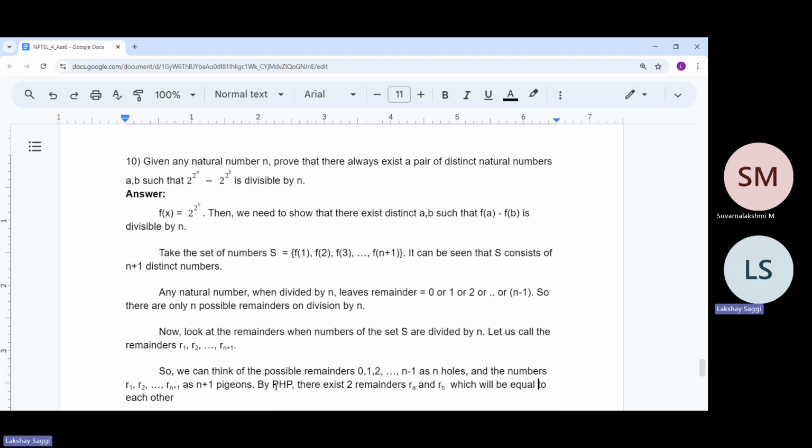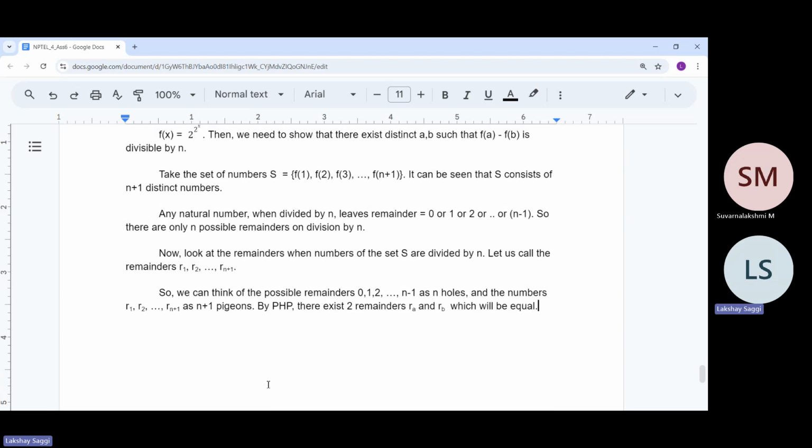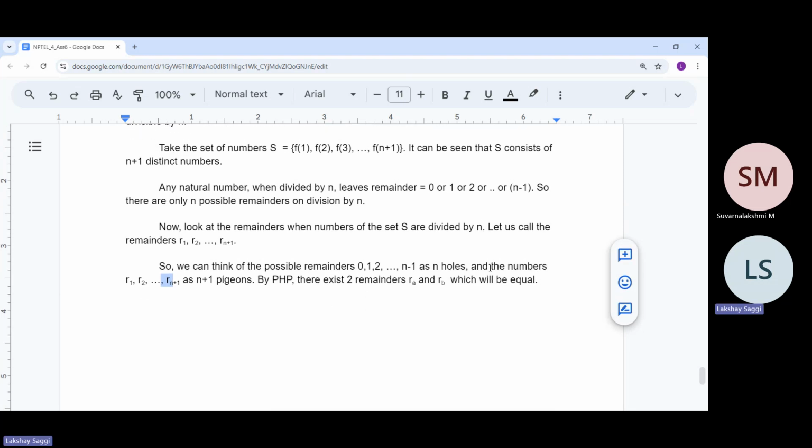And why is this the case? There are only n holes, there are n plus 1 pigeons. So at least one hole out of these 0 to n minus 1 will contain two of these remainders, which means both these remainders are equal. So let's say these two are just RA and RB, and they will actually be equal.